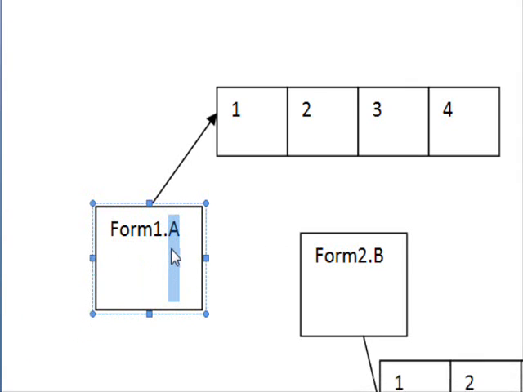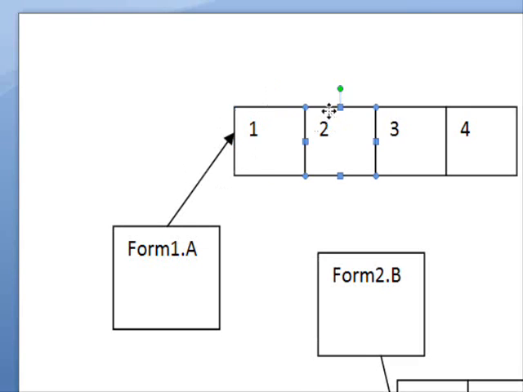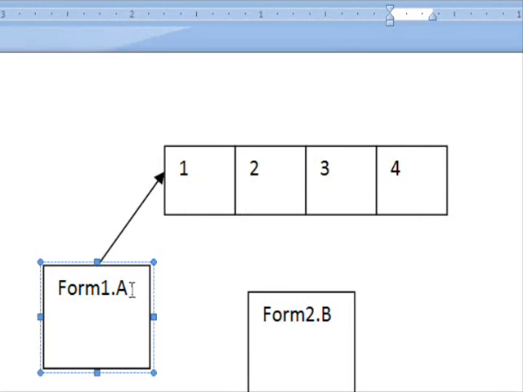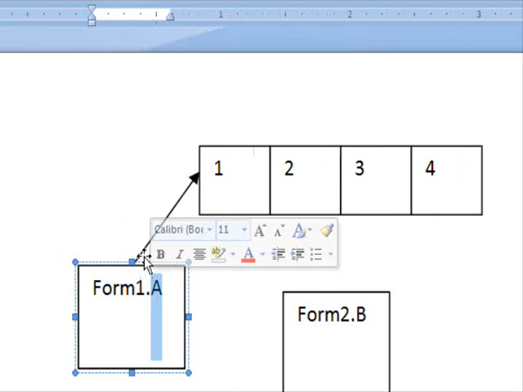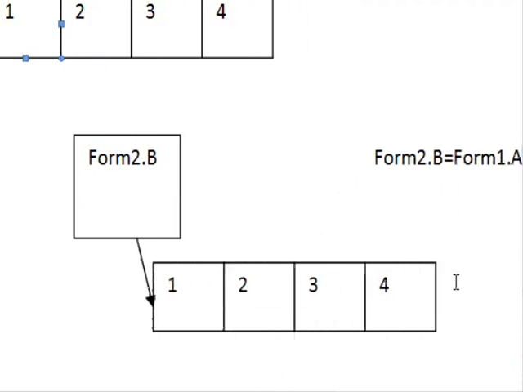It is a pointer to where the collection is. In other words, the actual data is stored somewhere in memory, and A here points to where that piece of memory is. Now, same goes for B.